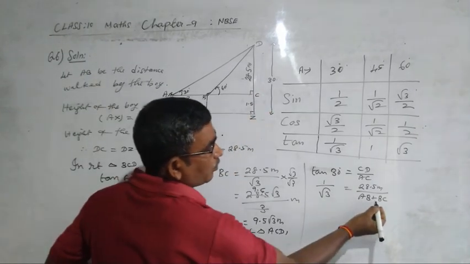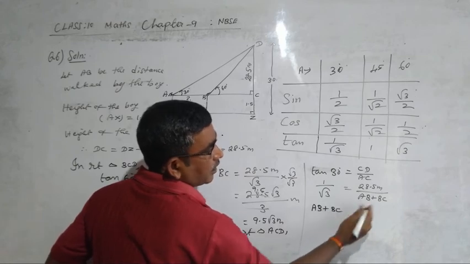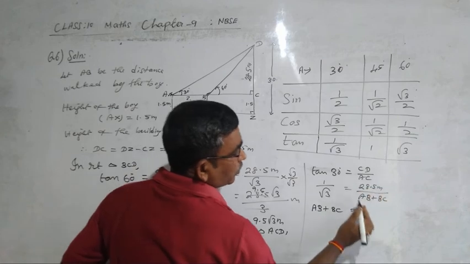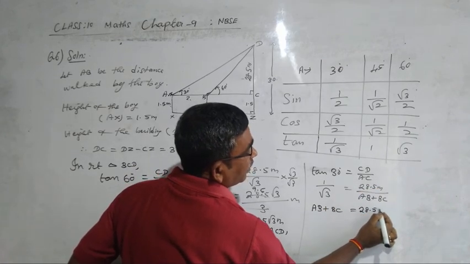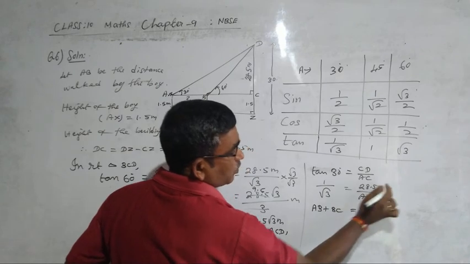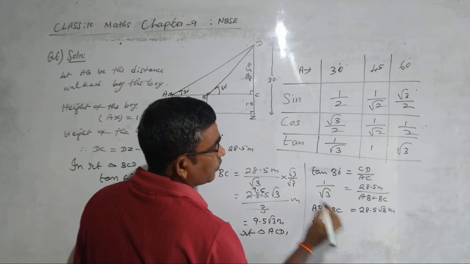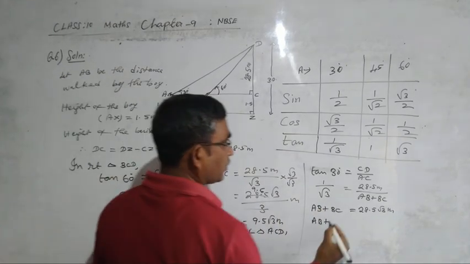So let's cross multiply. AB plus BC into 1, AB plus BC equals 28.5 root 3 meter. Now the AB value we don't know, but the BC value we know. BC is 9.5 root 3.